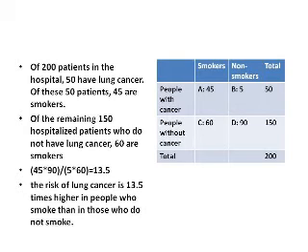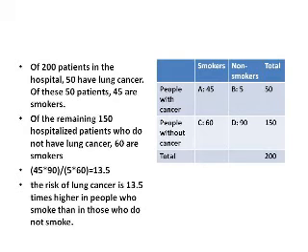And remember, what this means is that the risk of lung cancer, that is to say the disease we're studying, is 13.5 times higher in people who are exposed to the risk, that is to say smoking, than in those who are not exposed to the risk, that is to say those who do not smoke.